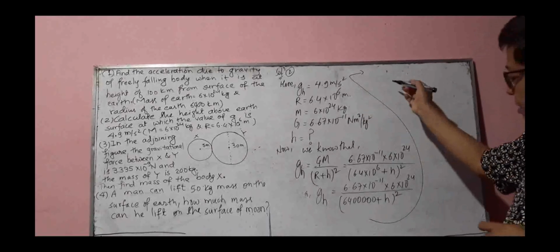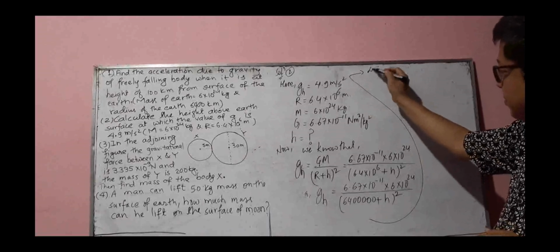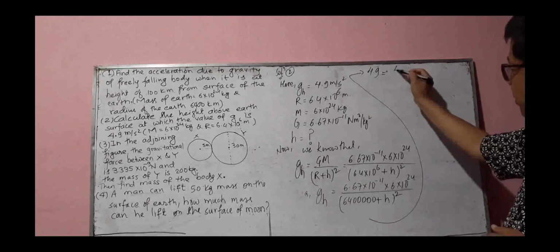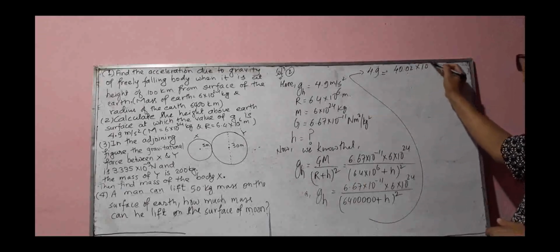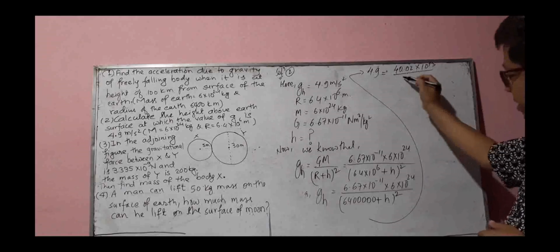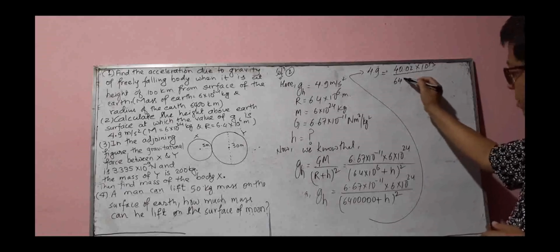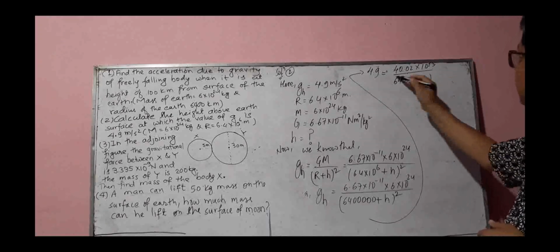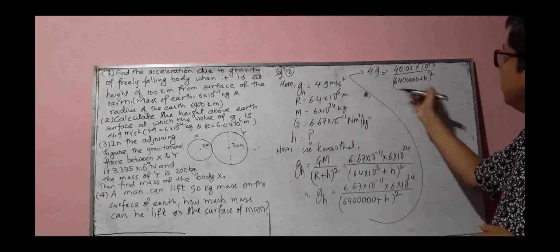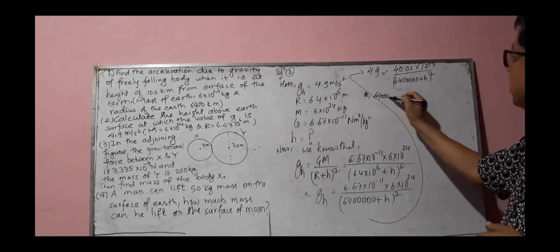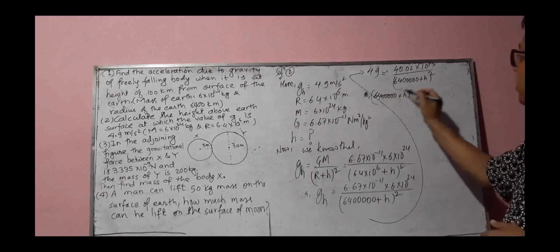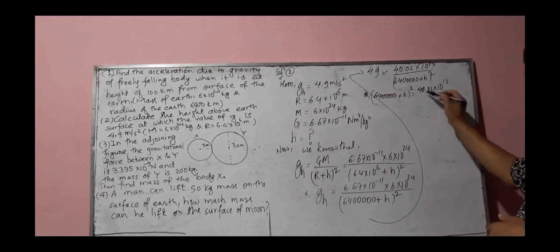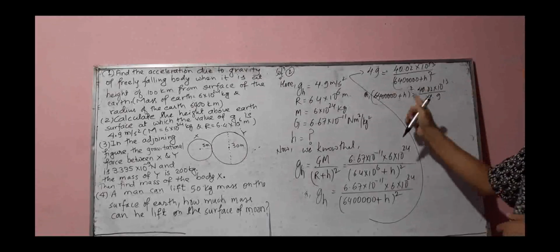By cross multiplication, gh is 4.9, and this quantity when multiplied is 40.02 into 10 to the power 13 divided by (64,100,000 plus h) whole square, or by cross multiplication, (64,100,000 plus h) whole square is equal to 40.02 into 10 to the power 13 by 4.9. So we have to find the value of h.